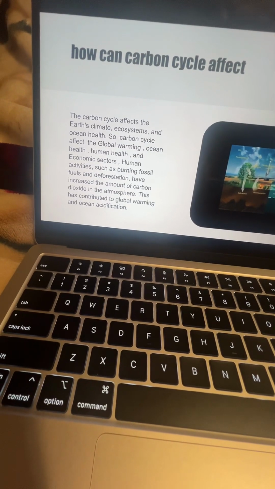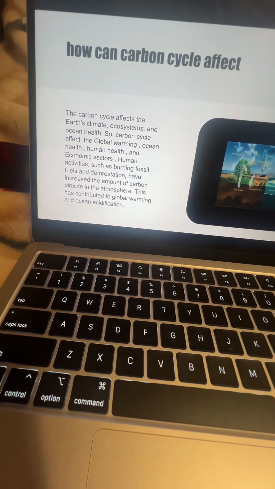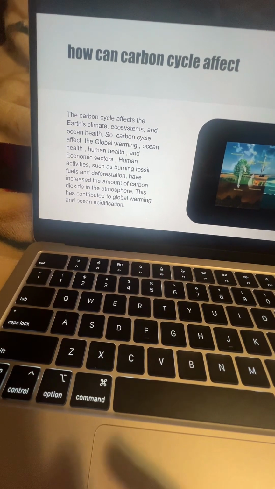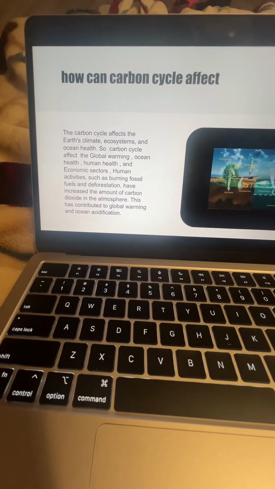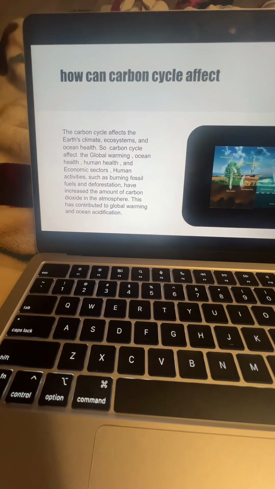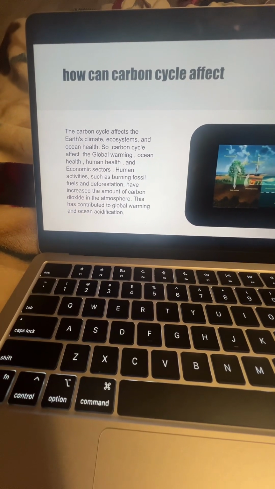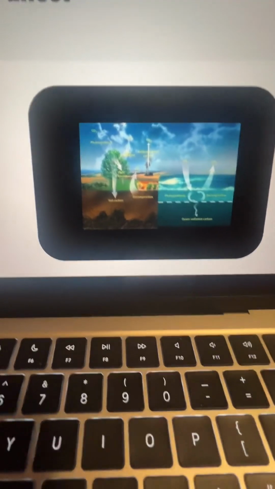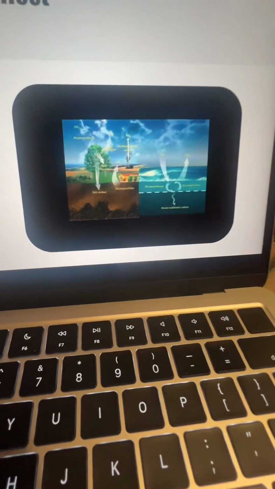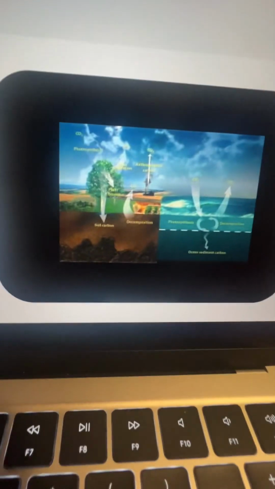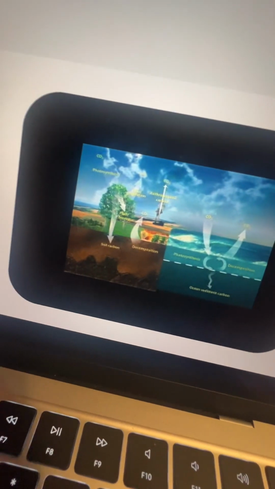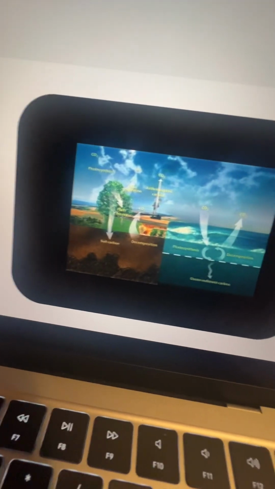This has contributed to global warming and ocean acidification. So here's the picture. As we could see, it's affecting. This is the best picture I found to explain this. You can see those arrows pointing.